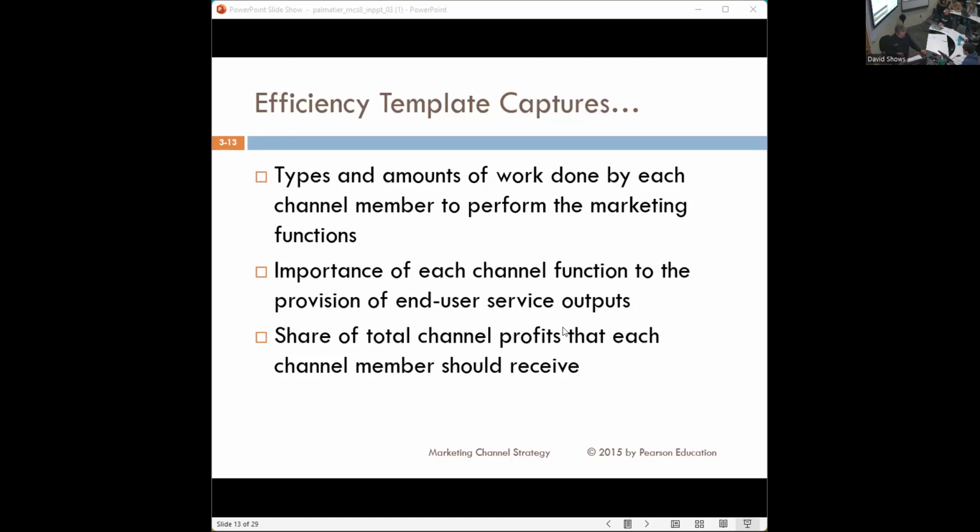Well, we get a greater ability to defend our allocation of profits. We're able to set a recommendation of where we need to go in the future. And we get a true vision of each channel member's contribution.